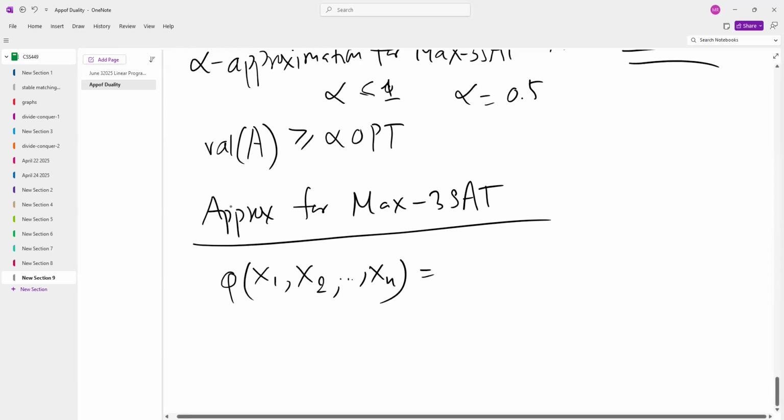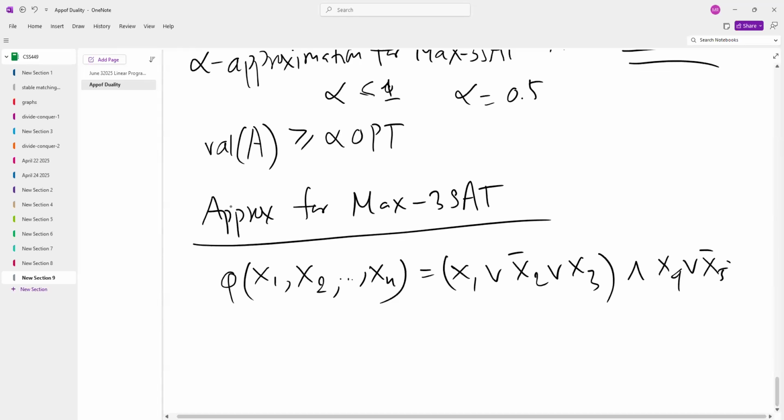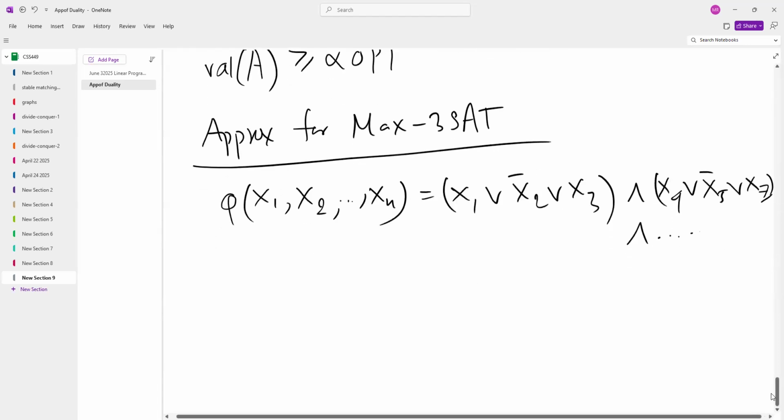It's doing something like x1 or x2 bar or x3 and x4 or x5 bar or x7. A bunch of these clauses, right? Okay. And now I want to find a heuristic for this, right?